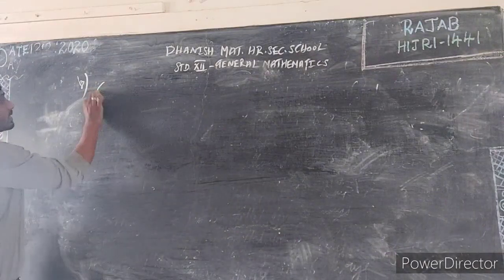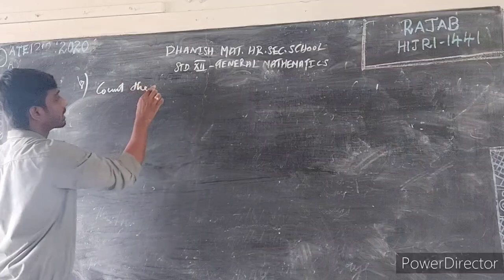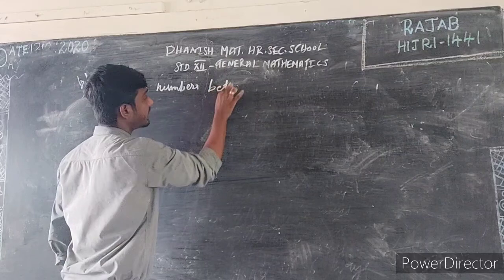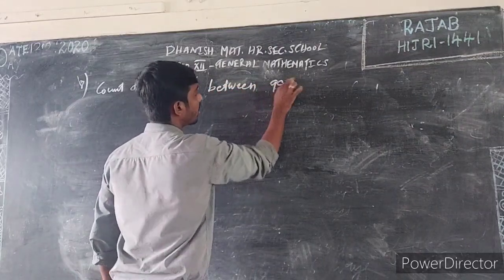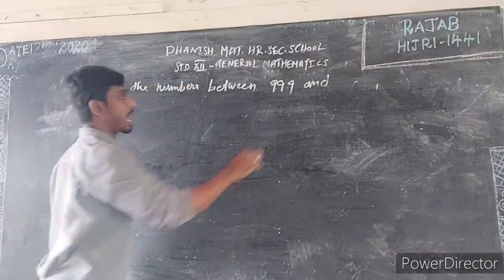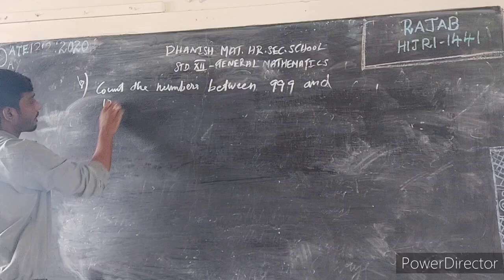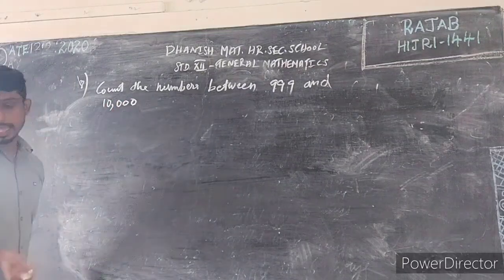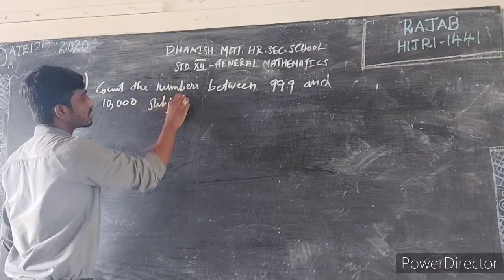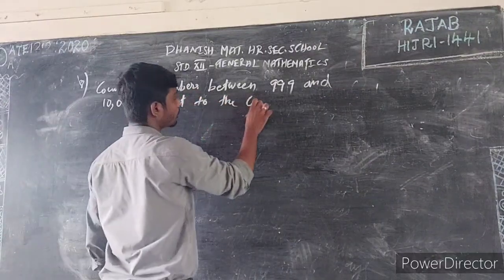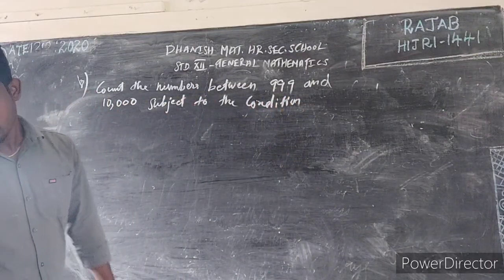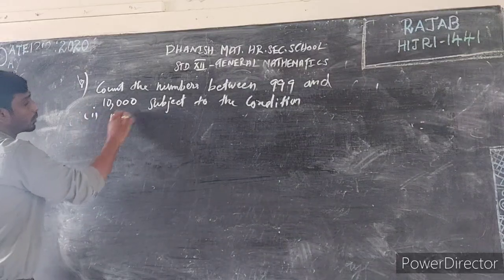Count the numbers between 999 and 10,000, subject to the condition, that is no restriction.